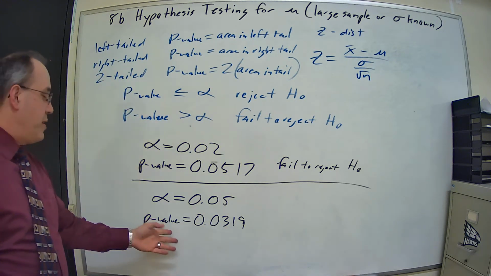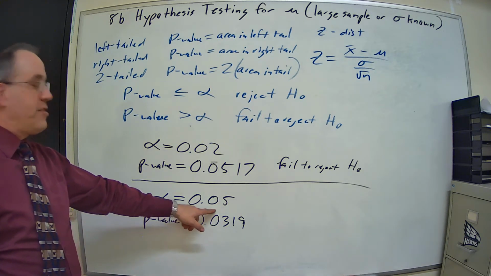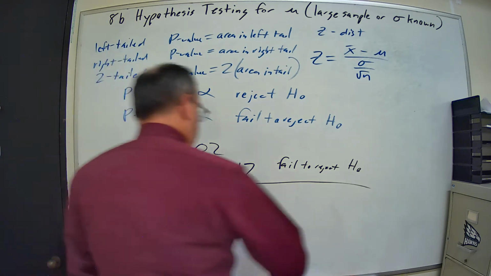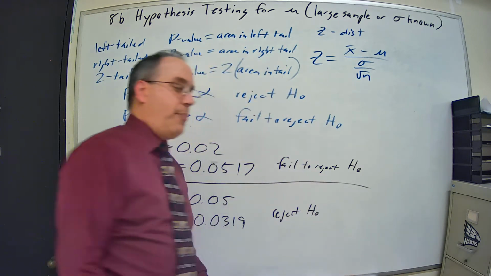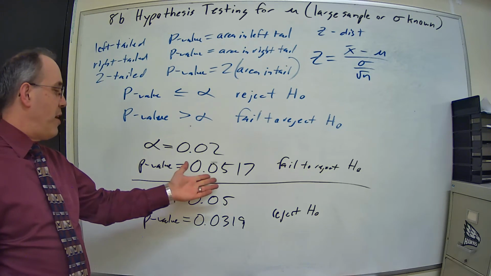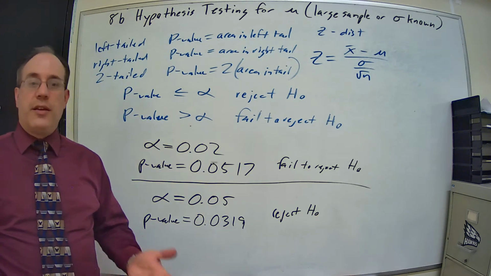Now I compare these and my p-value is less than the significance level, p-value less than or equal to alpha. In that case, we would reject the null hypothesis. So that's what we're going to do. We're going to take our p-value that we're going to pull from the table and compare it to the significance level.